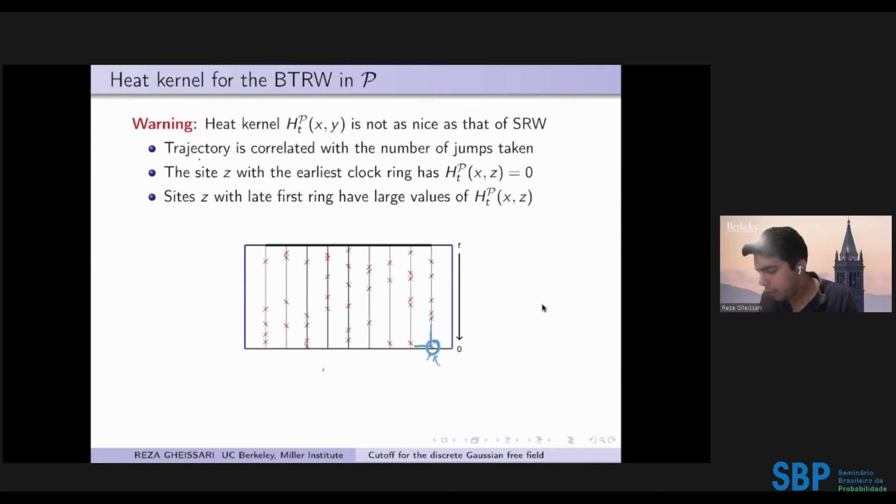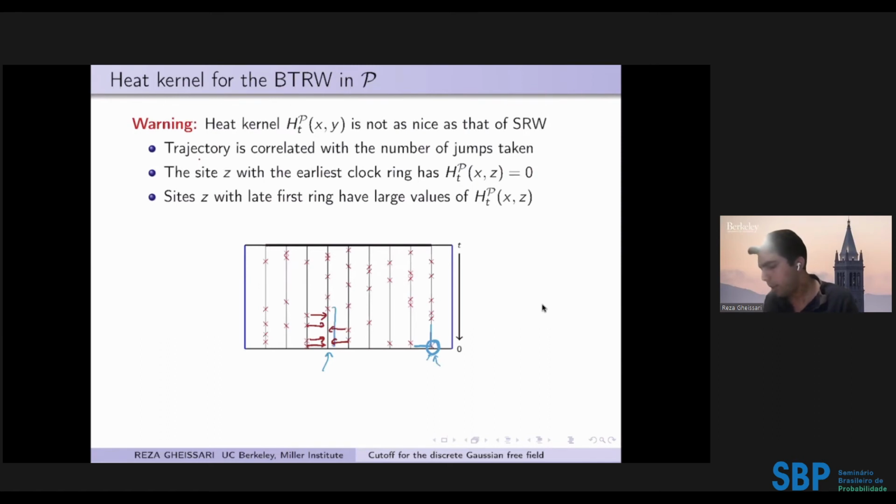Also, sites like this one, where there isn't a clock ring for a while, can have a much larger value of the heat kernel, because a lot more mass is going to be shipped into there and never leave in that last time segment, okay? So at a local scale, the heat kernel can be fairly distorted as compared to the heat kernel for a simple random walk.